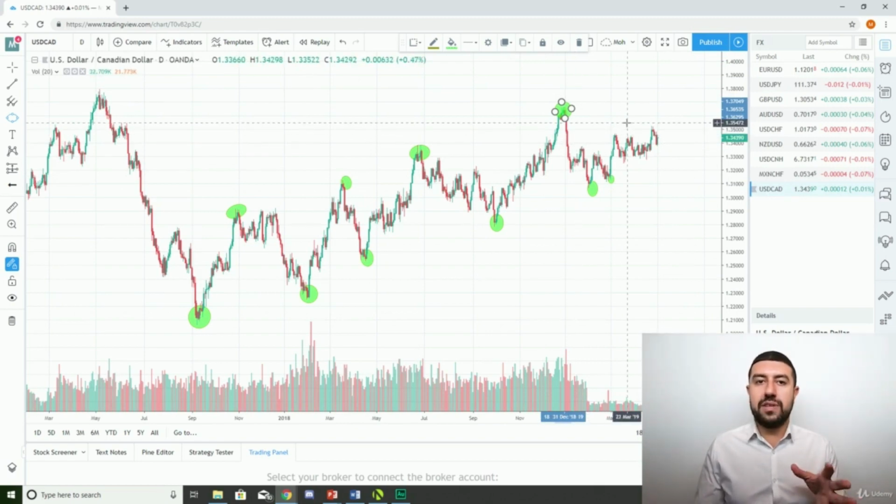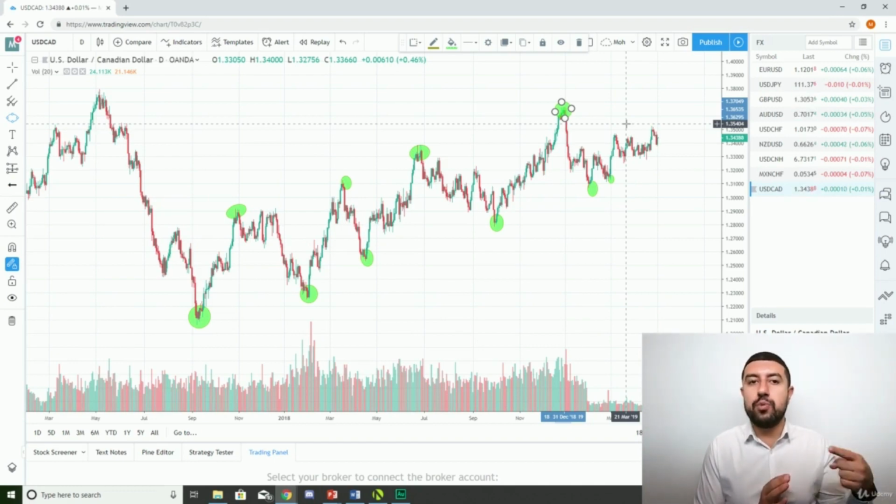And you might have heard the expression before, the trend is your friend, or don't go against the trend. Why? Because it's been proven that when something is going in a specific direction, it's more likely to keep going in that direction, right? When you have momentum, when you have a force in a specific direction, let's say a train going in a direction, it's hard for it to stop or go in the other direction.